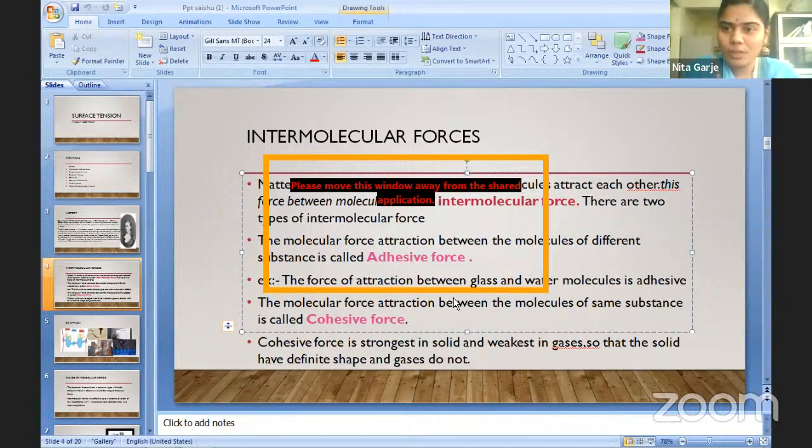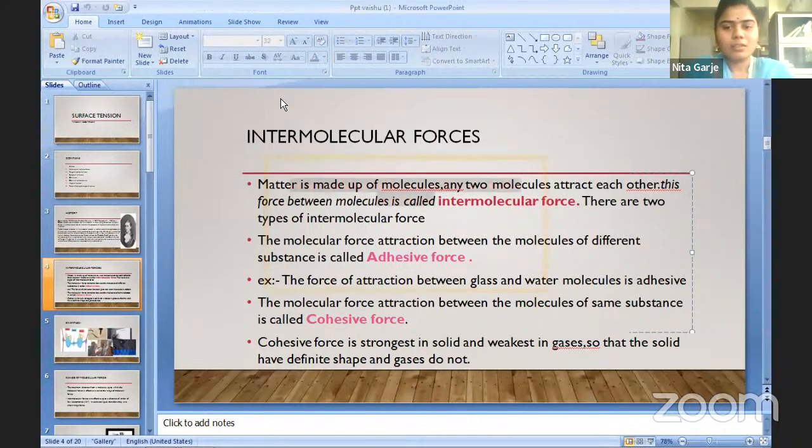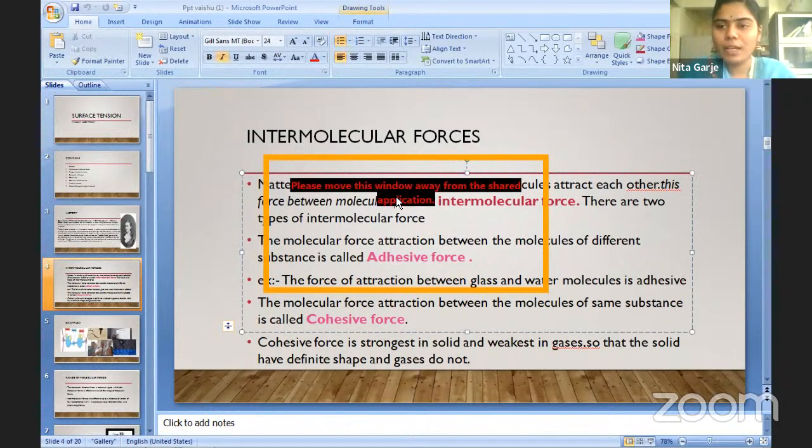So solids have the strongest cohesive force and gases the weakest, so gases have no shape and size, while because of the cohesive force solids have a specific shape.